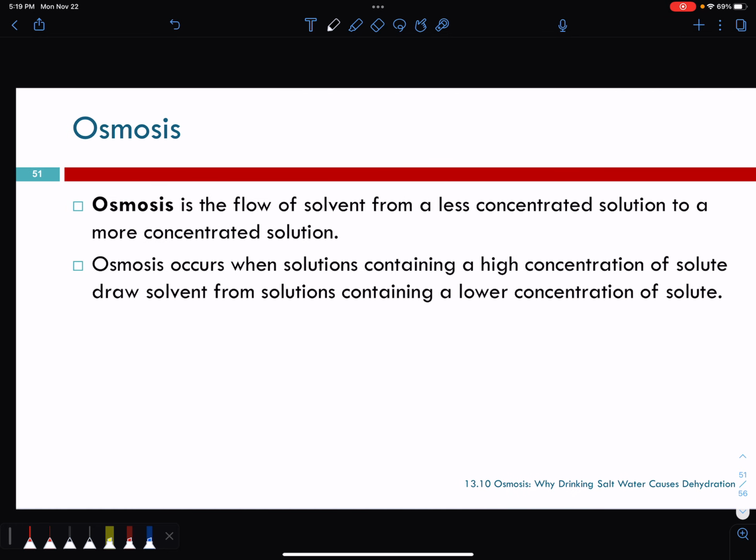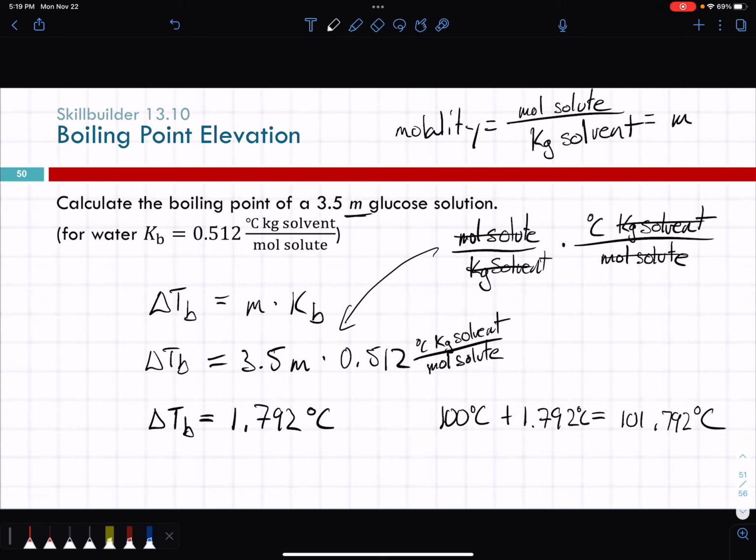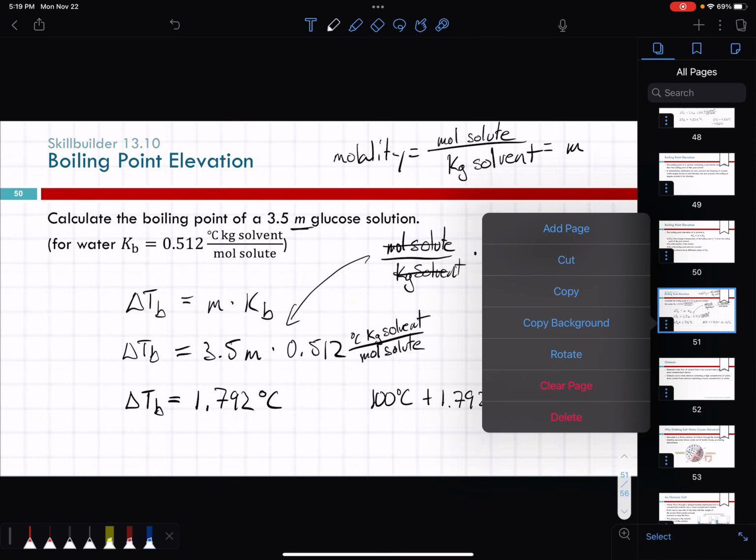Okay. So that's boiling point elevation, and freezing point depression is basically the same equation, you're just using different constants. I might ask you to calculate the boiling point of a solvent based on, well, let me just insert a new slide here and give you a quick example.